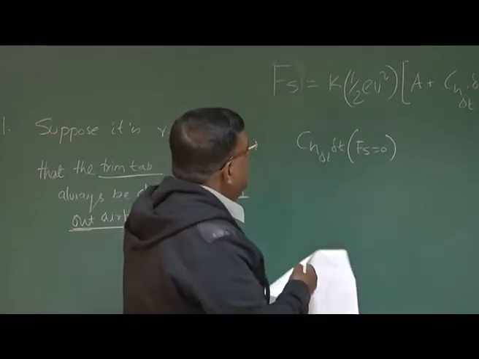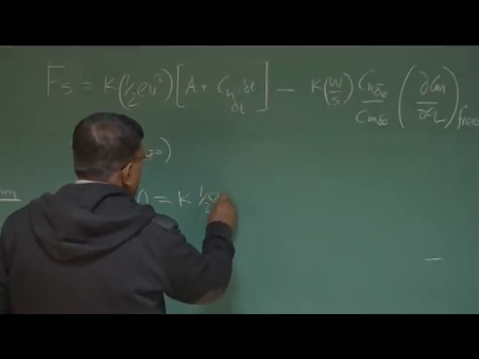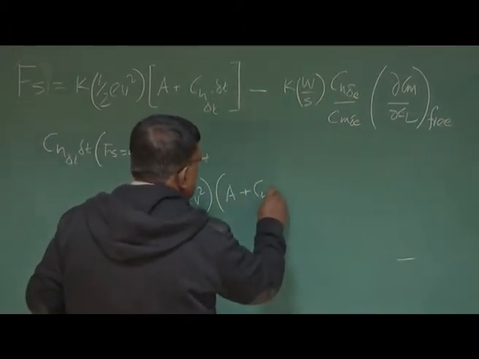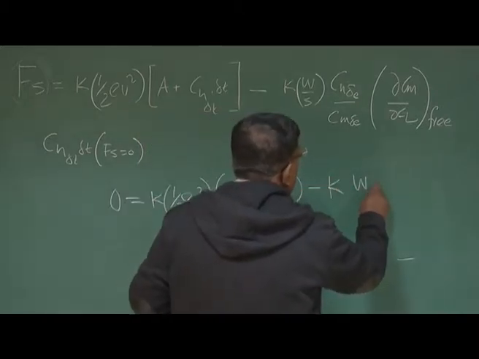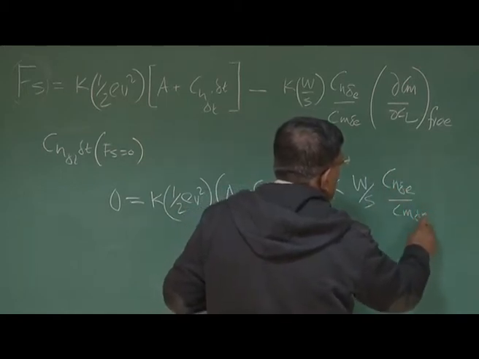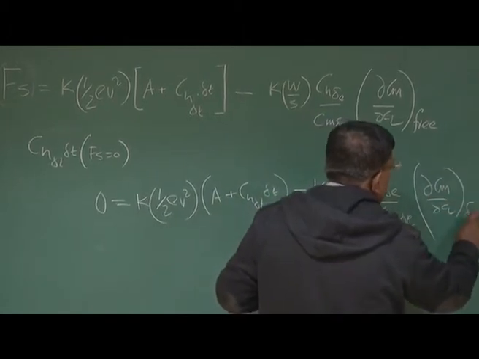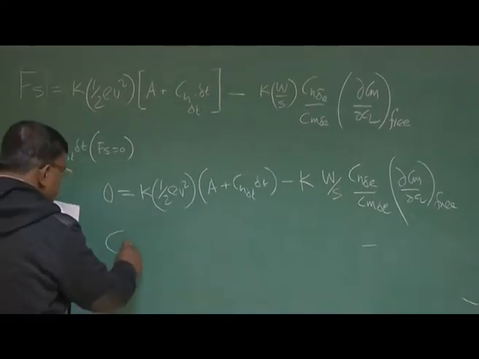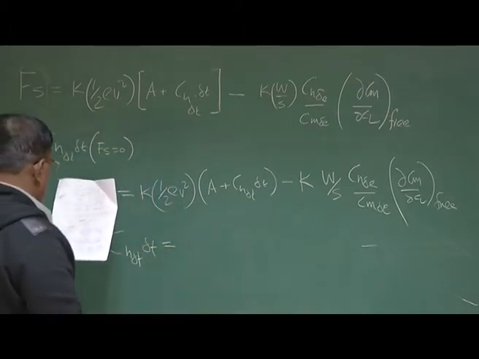So from here, if I put Fs equal to 0, then I get k half rho V square into (A plus Ch delta t into delta t) minus k W by S, Ch delta e by Cm delta e, into dCm by dCl free. So if I do this, I get Ch delta t into delta t. You should do this simple derivation.